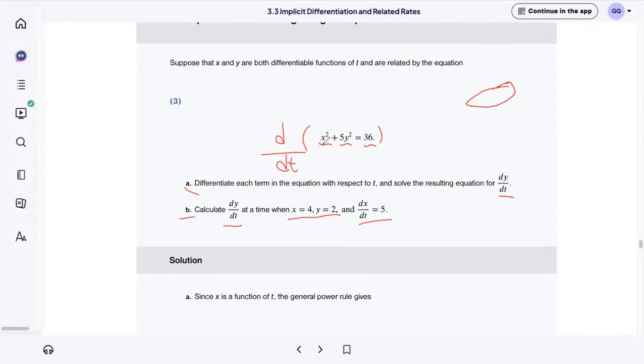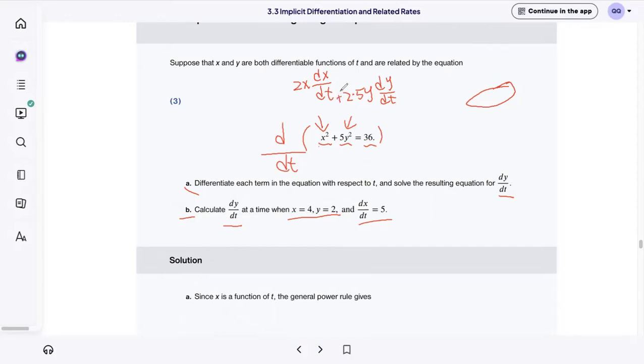When we take derivative of x squared, we get a 2x dx/dt. When we take it with y, we get a 5y dy/dt, right? Oh, I have to multiply by 2, right? I have to multiply 5 times 2, 10.